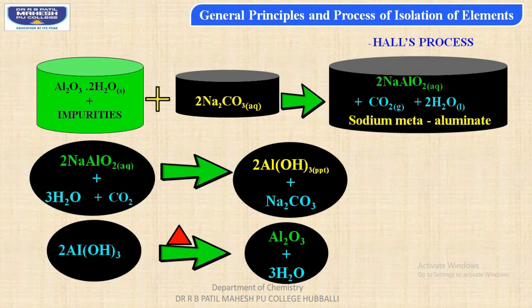So in this way we can use Bayer's process or else Hall's process for isolation of aluminium oxide, and all the impurities, that is gangue particles, can be easily separated. In Hall's process, we are using aqueous sodium carbonate solution as a leaching agent, whereas in Bayer's process we are using aqueous sodium hydroxide solution as a leaching agent.